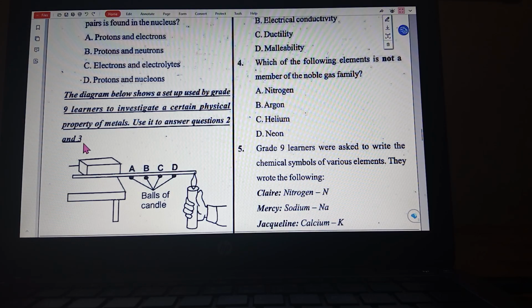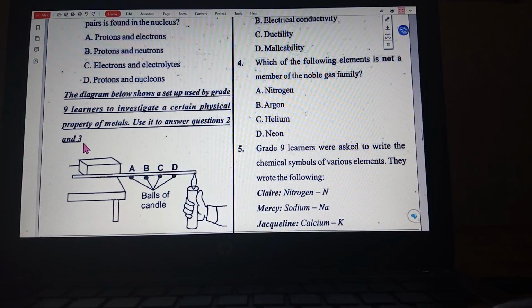Ductility, the ability of metals to be drawn into wires. Lustrous, the shininess of metals. Sonorous, the ability of metals to produce a unique sound when struck. The last one is durability. Metals last for a long period of time.